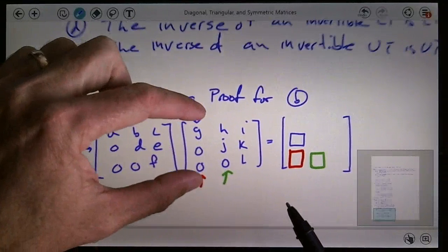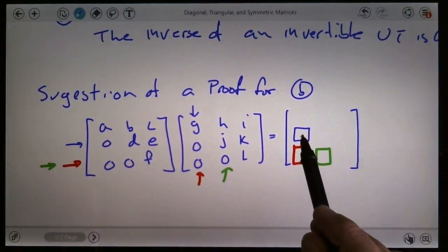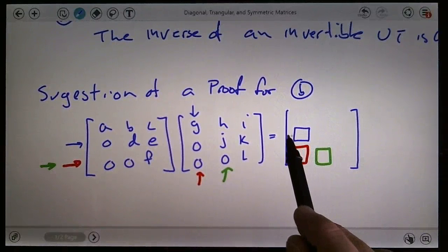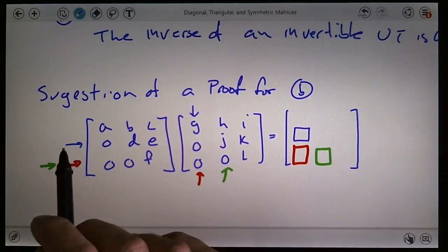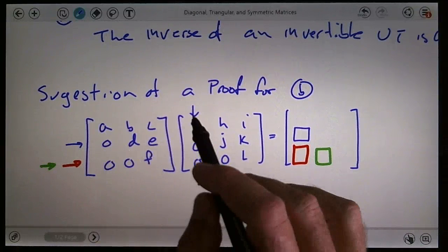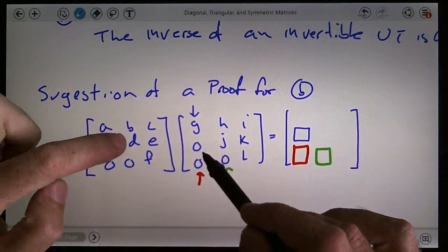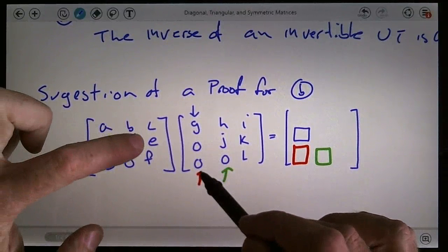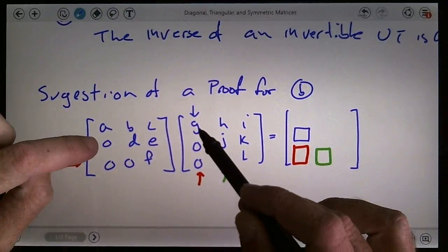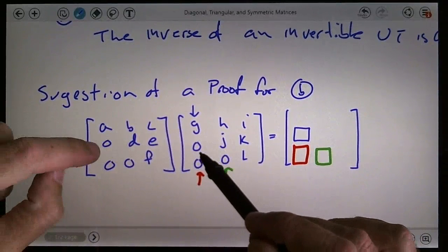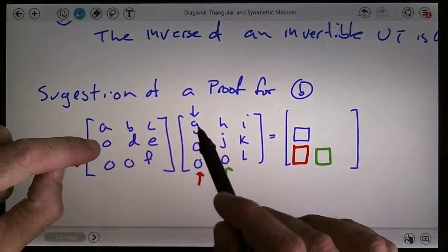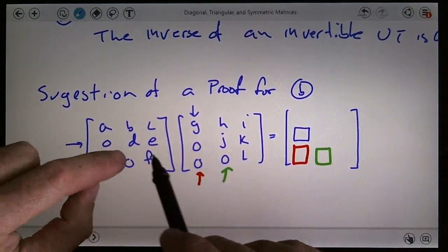So I'm color coding here. Let me zoom in a little bit. This entry right here in the second row, first column, I'm going to take the second row here times the first column. And notice what happens. I've got 0 times G plus D times 0 plus E times 0. So I'm getting a 0 out of this first one times the G, and then I'm getting zeros out of the second one times these other two.